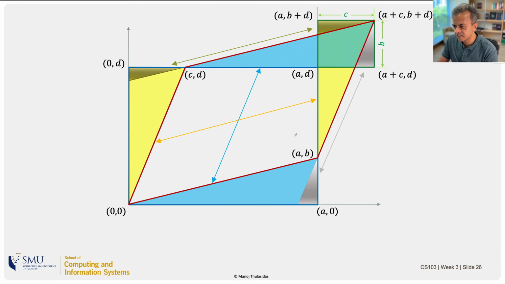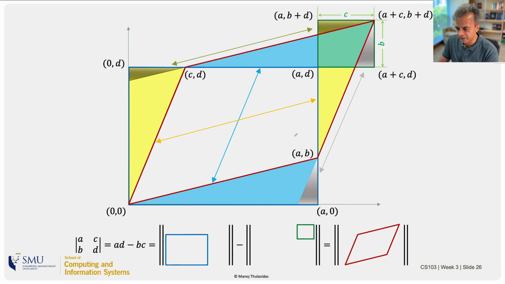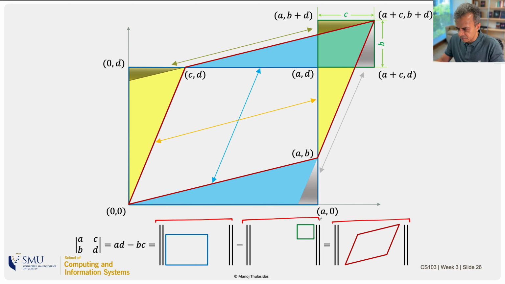Now I see that I have done too much. That green region is actually the sum of the blue and yellow regions, and that has to be subtracted. After doing all that, you can see that the area of the parallelogram is the area of the blue rectangle minus the area of the green rectangle.